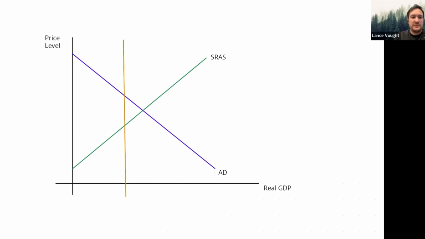So if you look at this long run aggregate supply curve, our potential GDP is here. Our actual level of output is here. So here's our actual price. We go down to the GDP axis. This is our actual level of output.